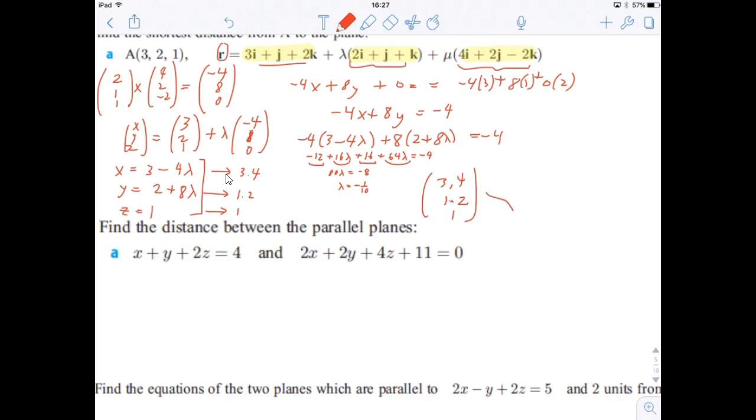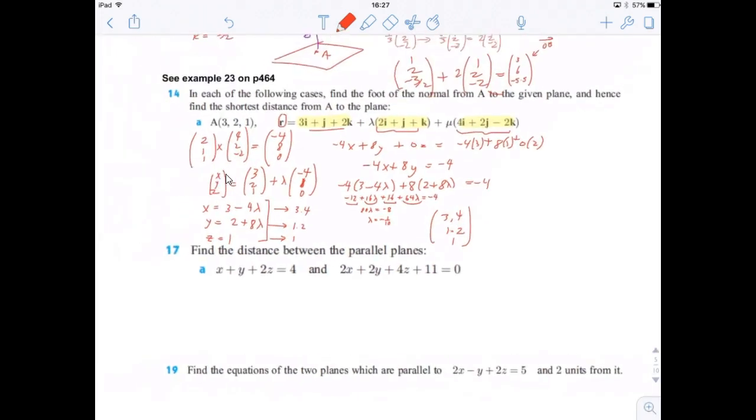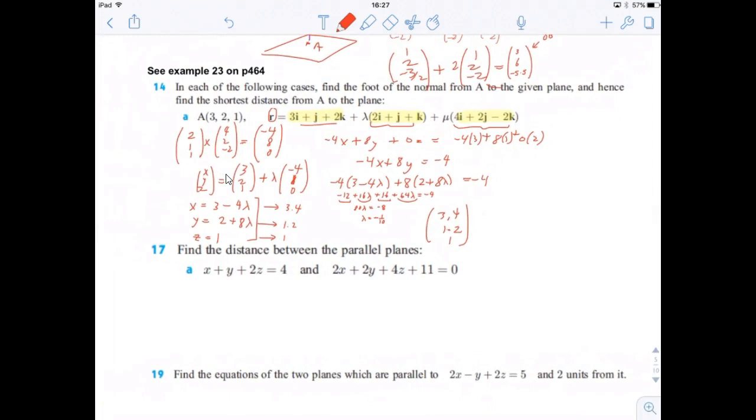And then you're supposed to figure out, I think, the shortest distance. Yeah, now we're supposed to find the shortest distance. So the shortest distance would basically be, if this is the foot, what we want is the distance of A to the foot.